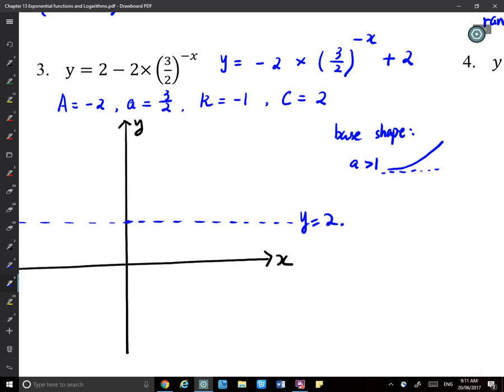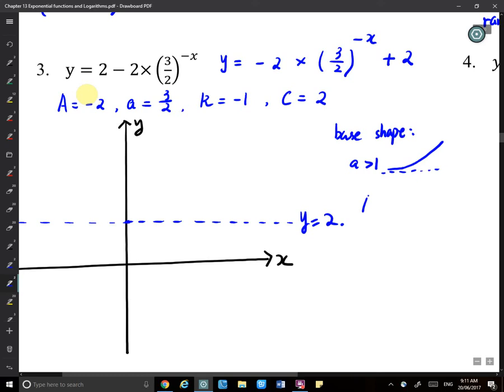Okay. Get reflected. A is less than 0. A is -2. Get reflected by the x-axis. This shape. K is less than 0 because K is -1.